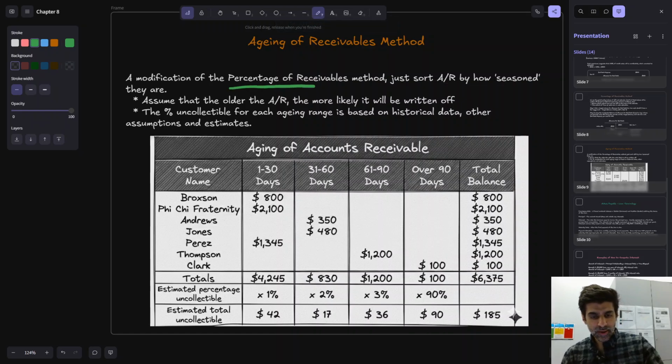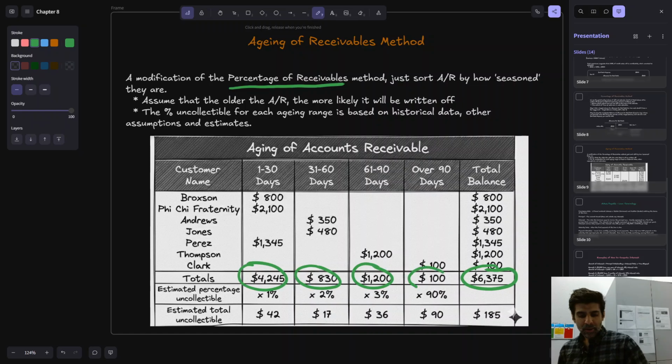We're using the same concept, but we're now stratifying our accounts receivable, because before it's just in one T account as one balance. Now we have the balance in the T account, this 6,375, but we're now breaking it out between these different agings, as it's called, how old the account receivable is.